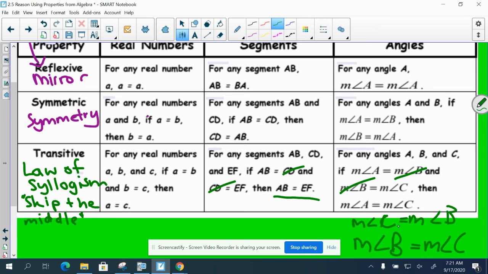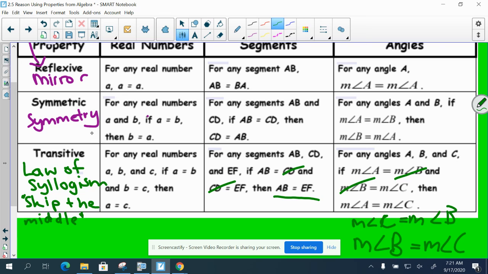Okay, so for transitive property, you can skip the middle even if one is the second part and one is the first part. If they're both the second part or if they're both the first part, you can still skip the middle because of the symmetric property of equality.